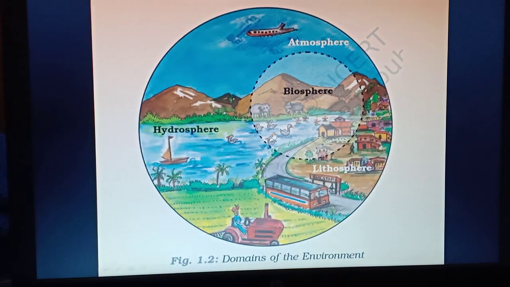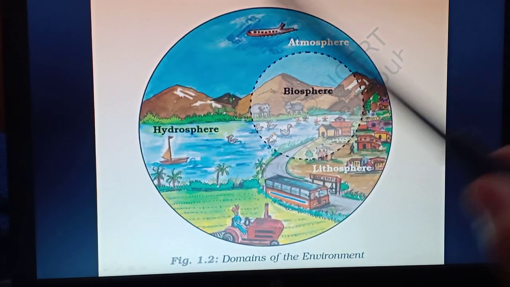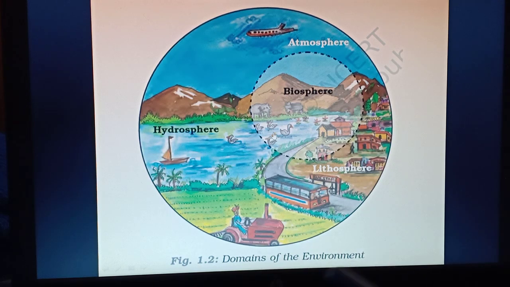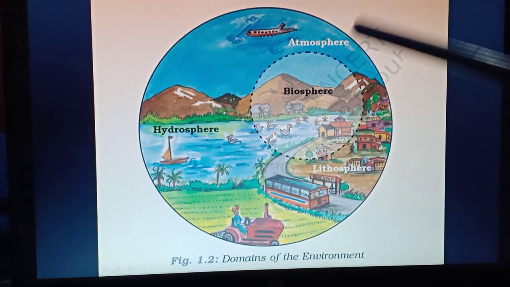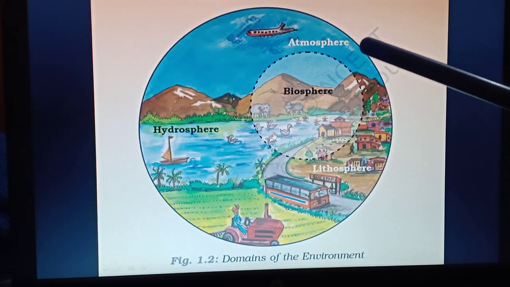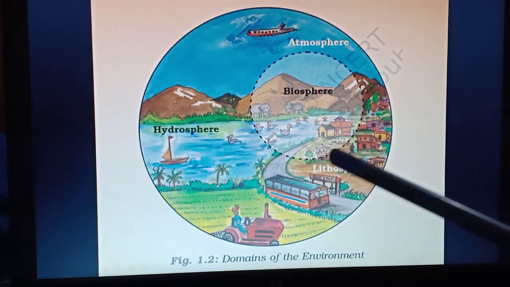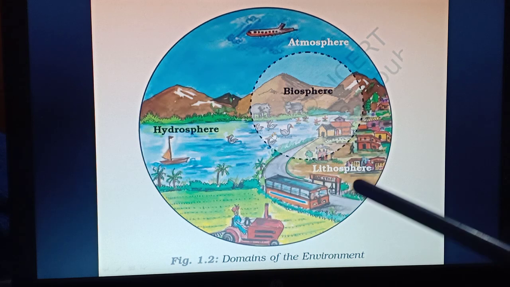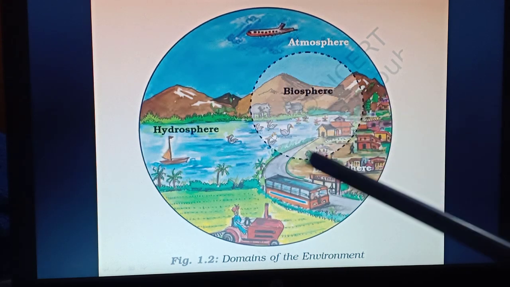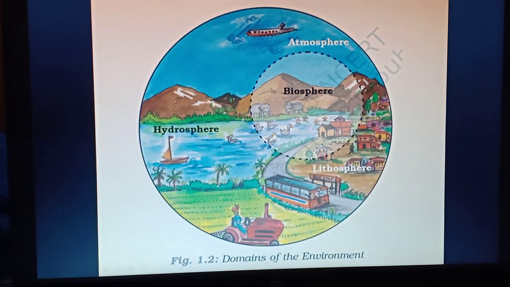You can easily understand the domains of earth with the help of the picture. First is atmosphere, next is hydrosphere, third is lithosphere, and the last one is biosphere.